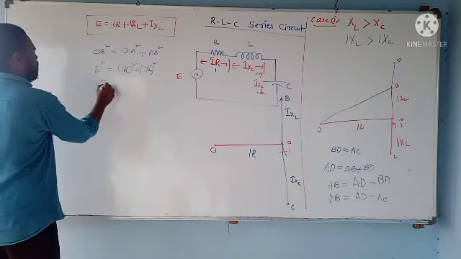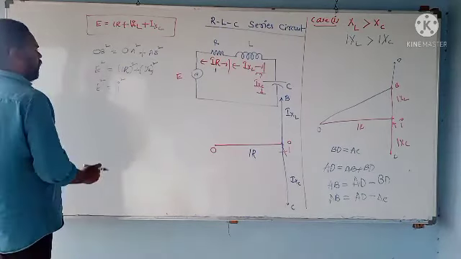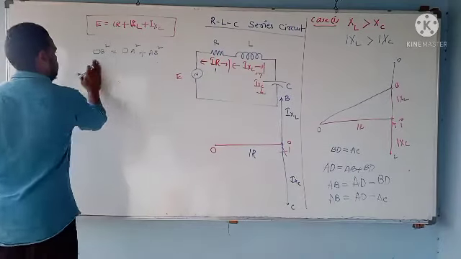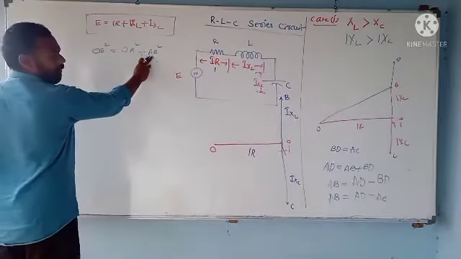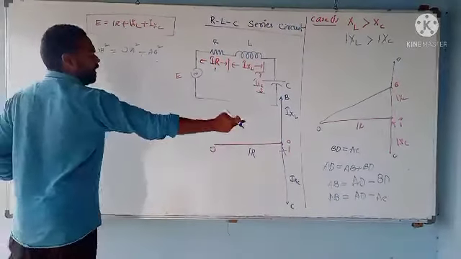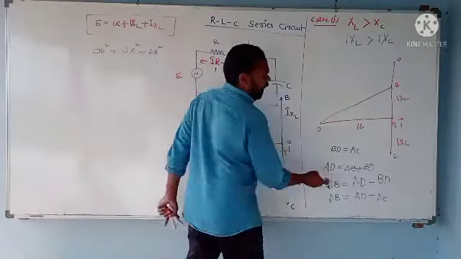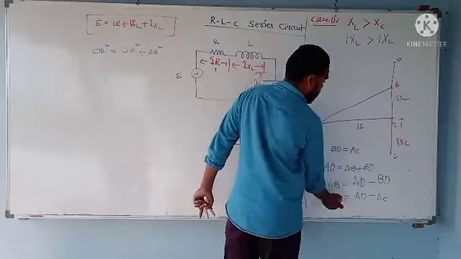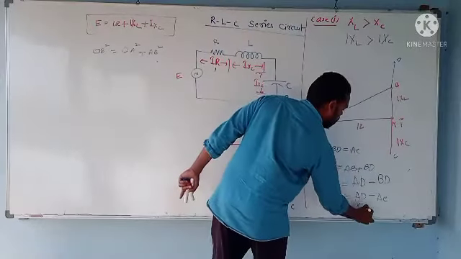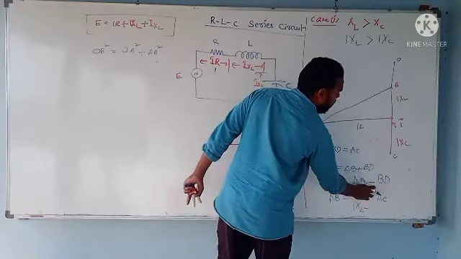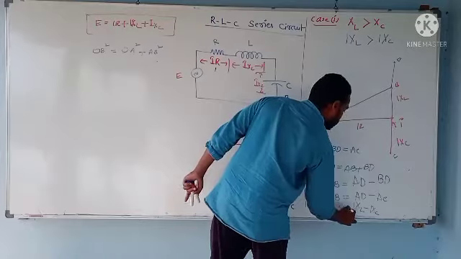Now, AB square is equal to, can I write AD minus AC? Yes. AD is nothing but IXL, minus AC, instead of BD I am writing AC. AC is nothing but IXC. So this is AB.